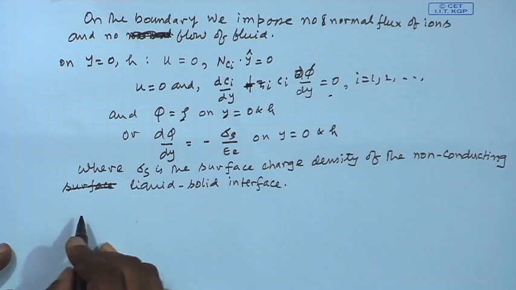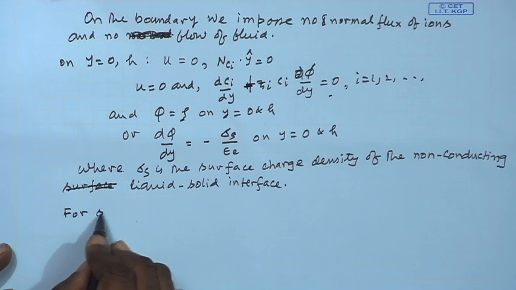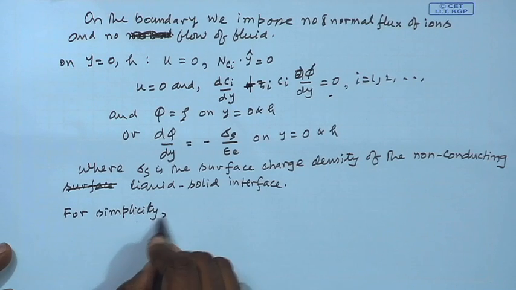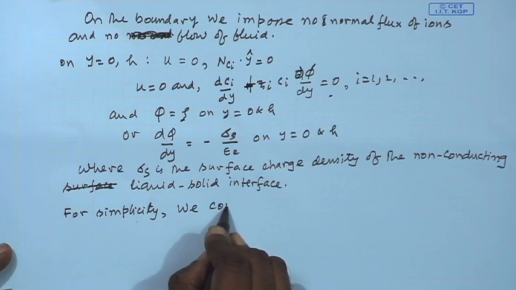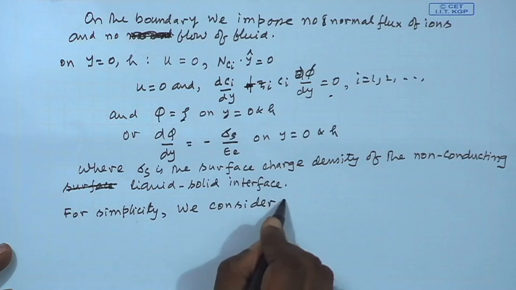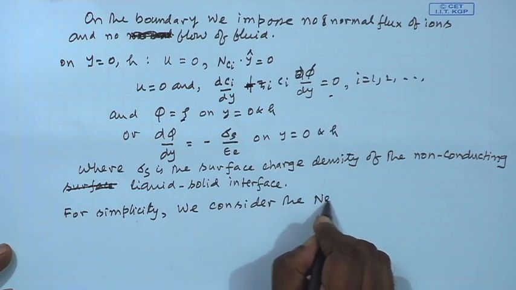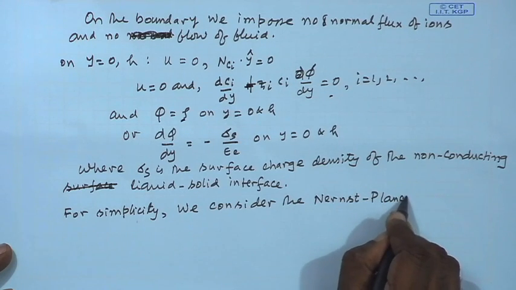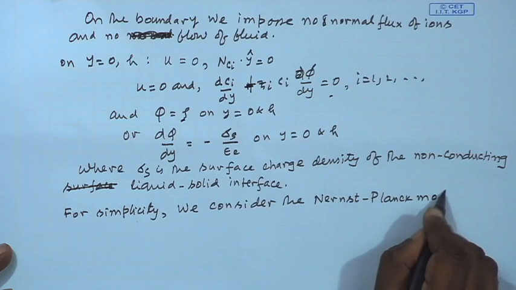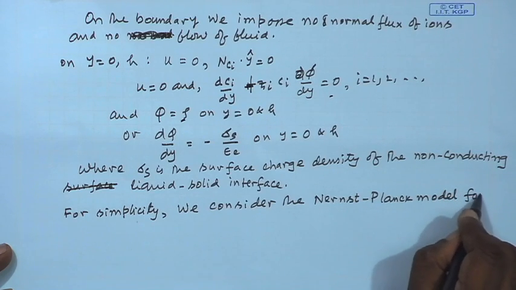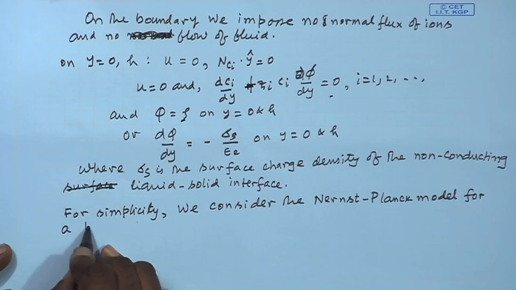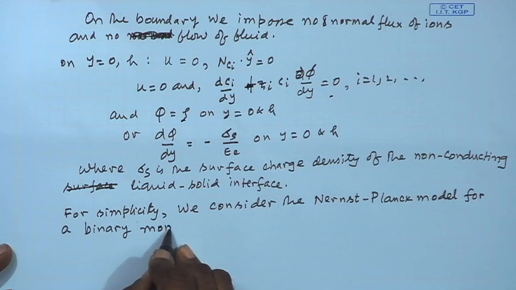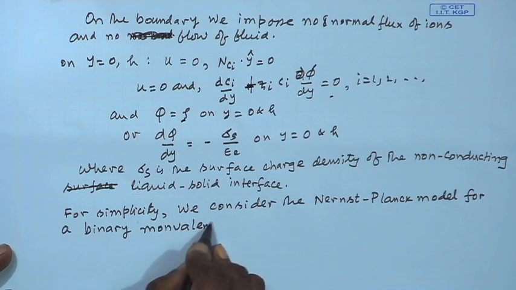Now, let us consider, for simplicity, a situation where we consider the Nernst-Planck model for a binary, let us take monovalent, electrolyte.